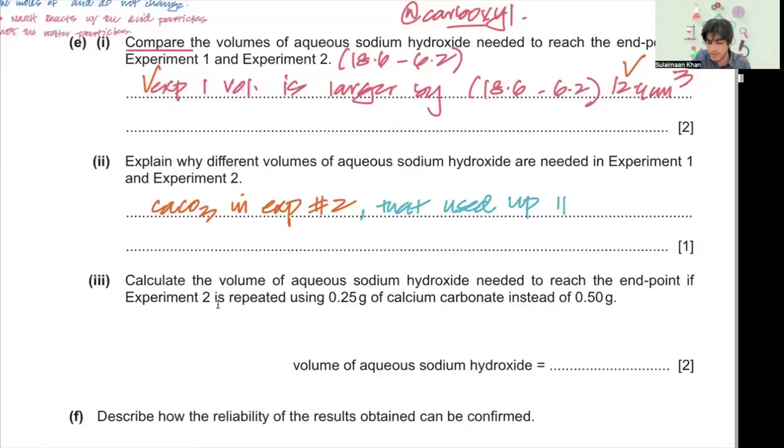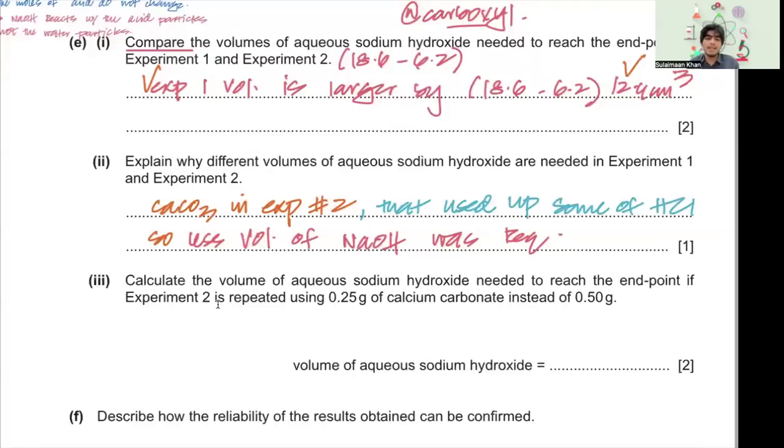Let's write some of, not all, used up some of the HCl. So let's always be conceptually clear about things. So less NaOH, or a lower volume of NaOH, was required. Boom. That's it.